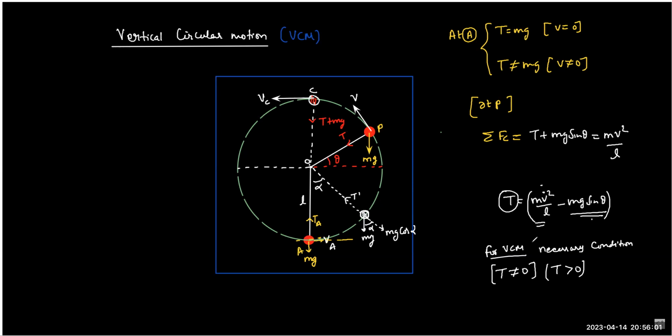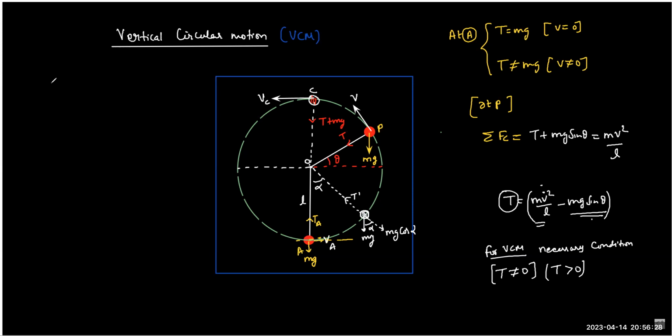And what is the meaning of negative tension? It means it is no longer existing. It is zero actually, it's loose now. So at the topmost point of the journey, we cannot assume zero velocity. If you do so, you will violate the condition of circular motion.